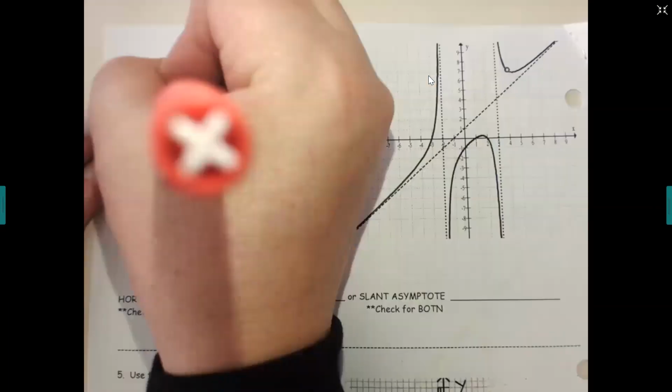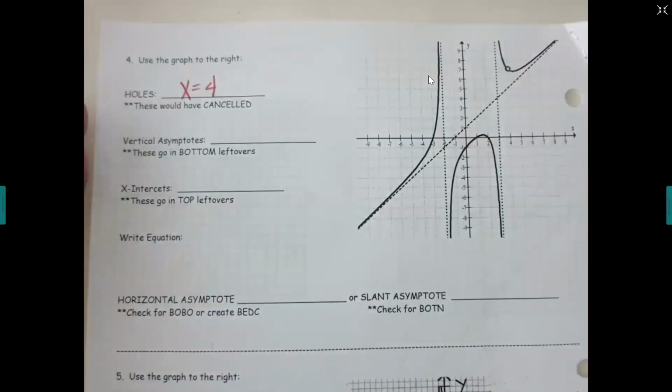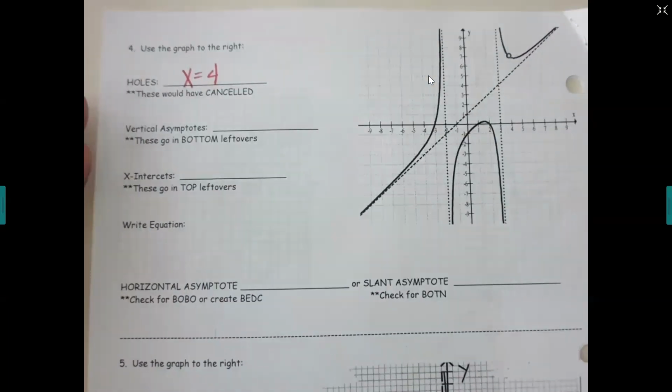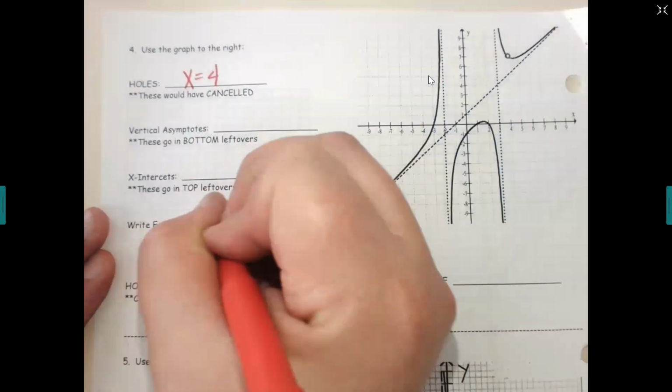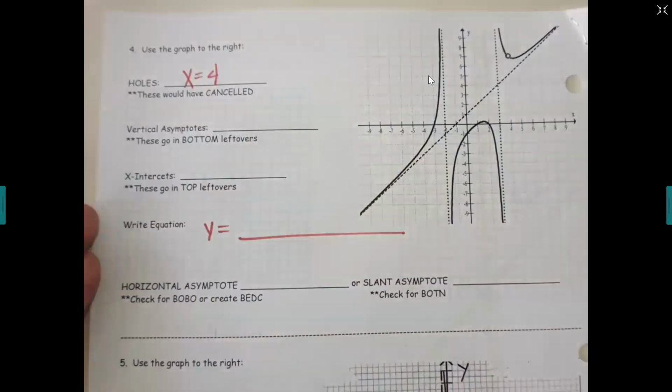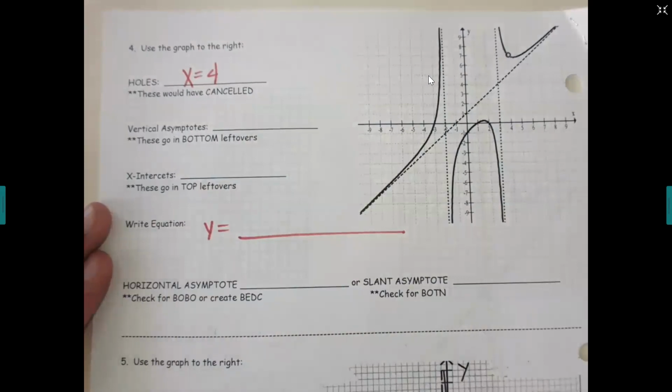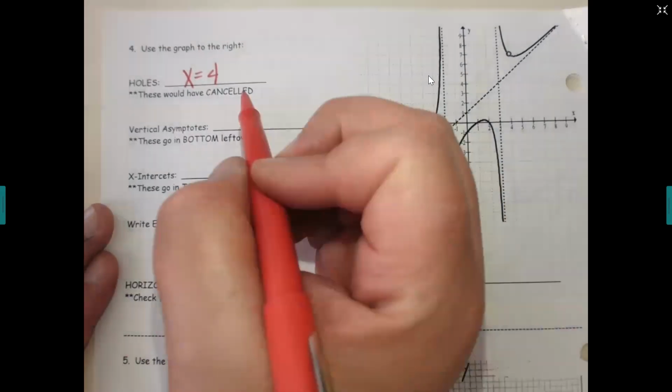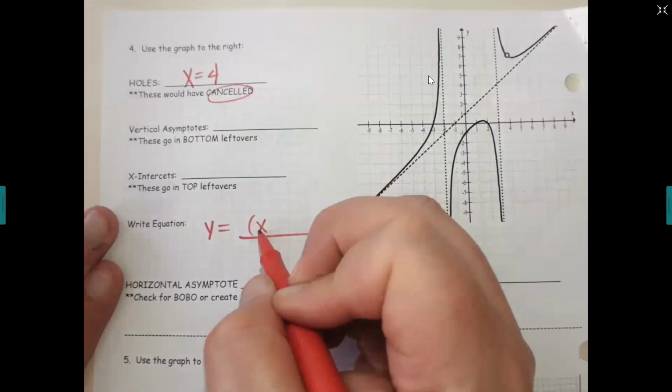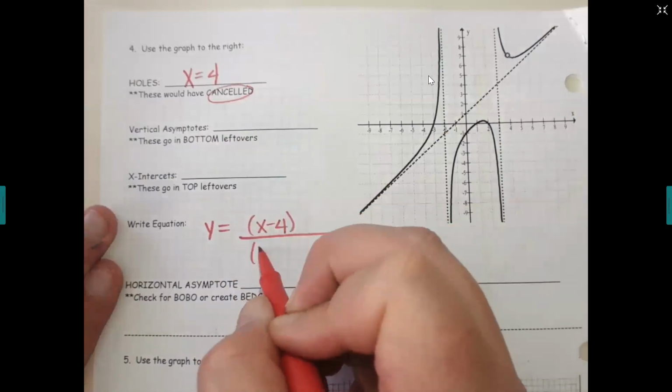So I'm just going to put x equals 4. Then what would my parentheses have said? X minus 4. And where would it be if it's a hole? Top, bottom, or both? For a rational equation, a big fraction, in order for there to be a hole, it has to cancel. So I'm going to do x minus 4 and x minus 4.